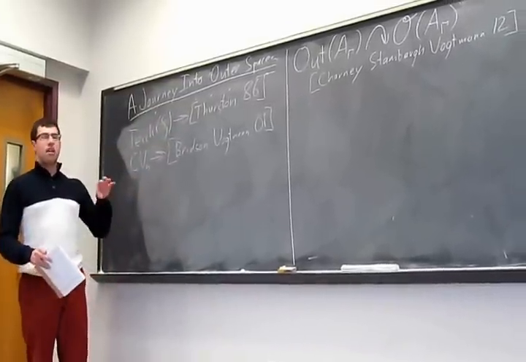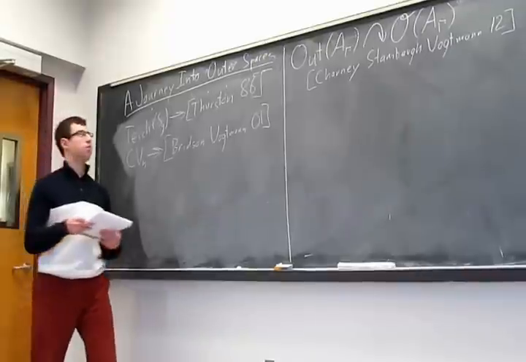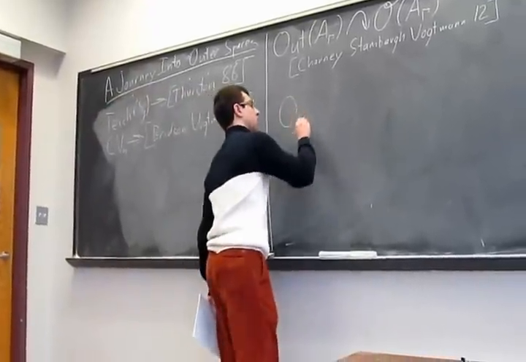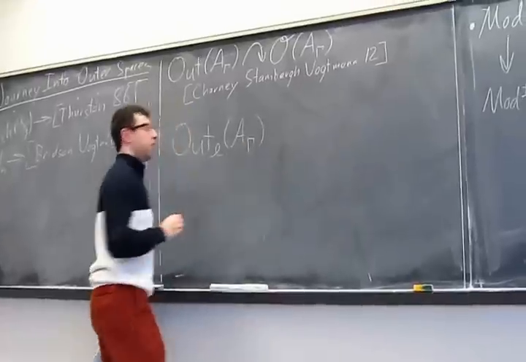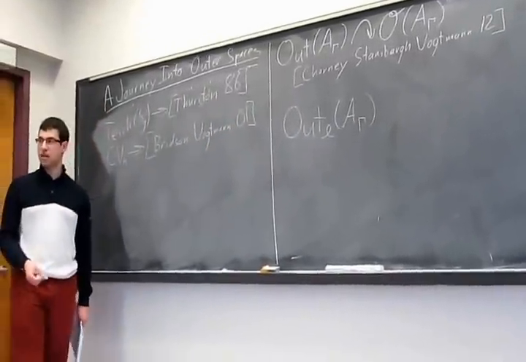In part 1, they don't quite construct the full outer space. They construct a spine for this subgroup of the full automorphism group to act on.